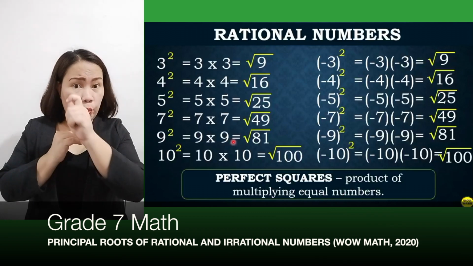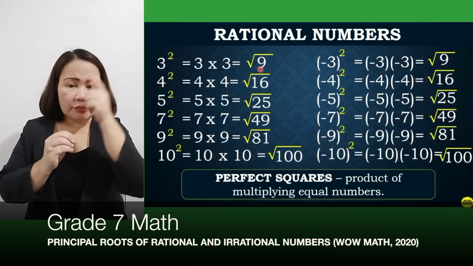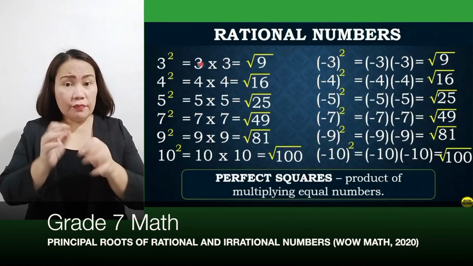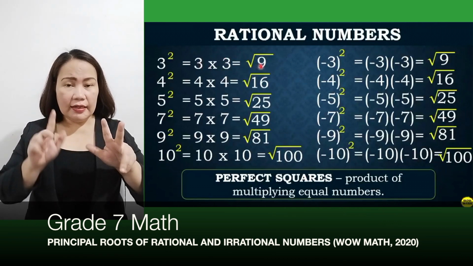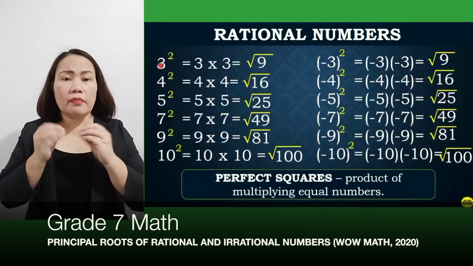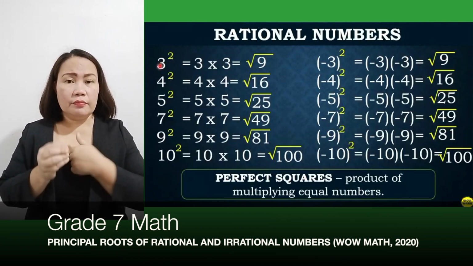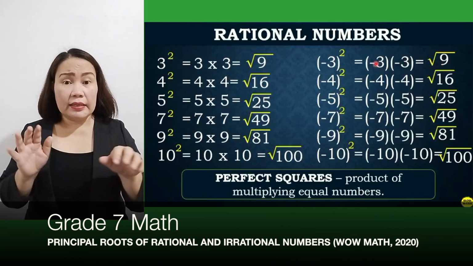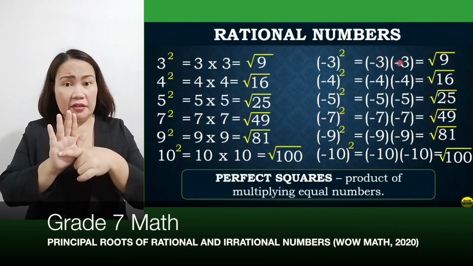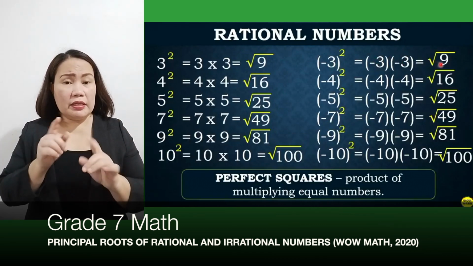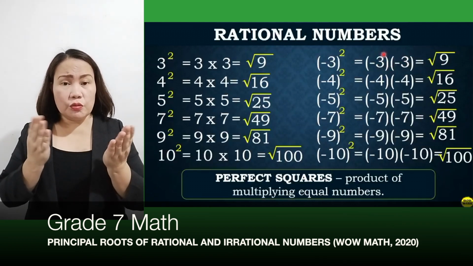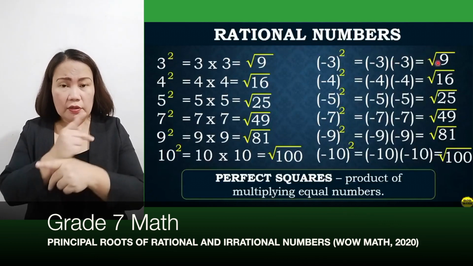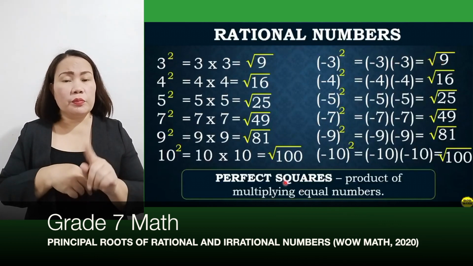So, ano ibig sabihin? Kagaya nito, if I have 9, ito yung product kapag nag-multiply tayo ng equal numbers. Or simply, this is the product when we are multiplying the number by itself. So kung ano yung result o product nung dalawang numbers na minultiply mo by itself, yung result nun is what we called a perfect square.